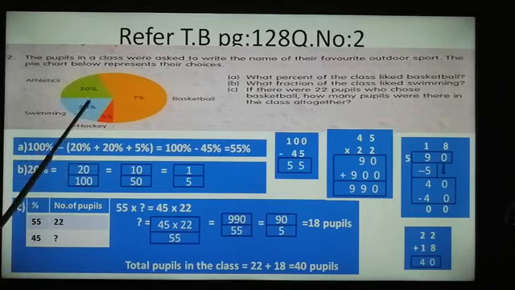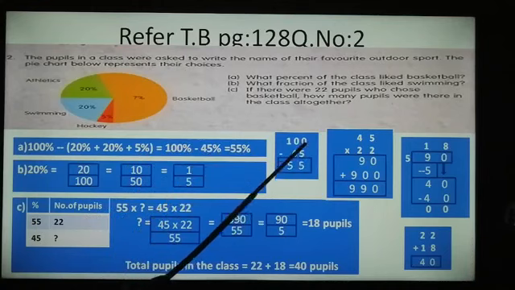We will add up these 3: 20% plus 20% plus 5. So when you add these 3 numerical data, that means 20 plus 20 plus 5, it will be equal to 45. So when you subtract 100 minus 45, the working is here. We will get the answer 55.